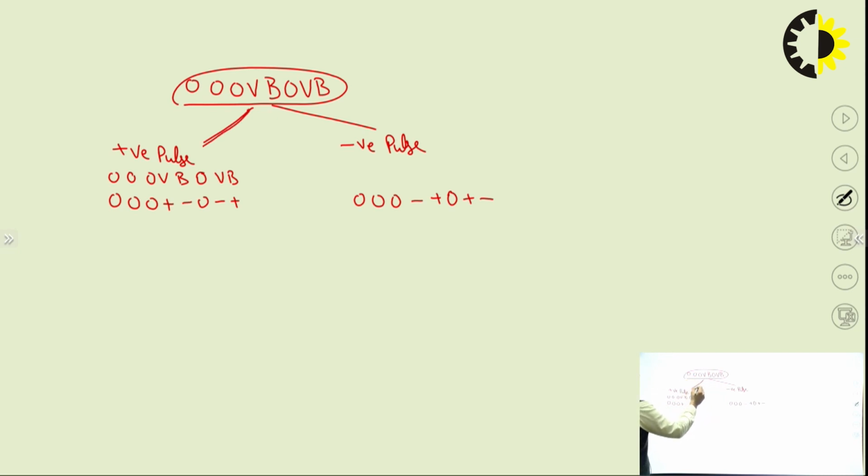It will be replaced by positive pulse and negative pulse, starting pulse. Starting pulse is positive, then this 000VB0VB will be replaced by 0 0 0 positive negative 0 negative positive. This plus sign is for the positive voltage, and this minus means negative voltage: 0 minus negative voltage plus.